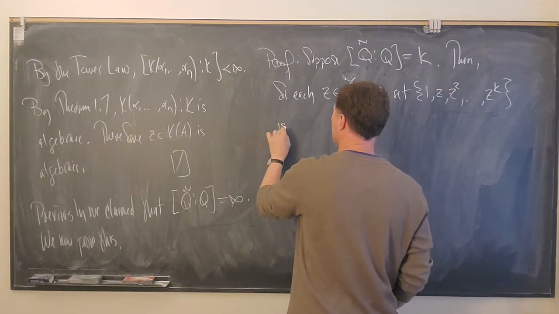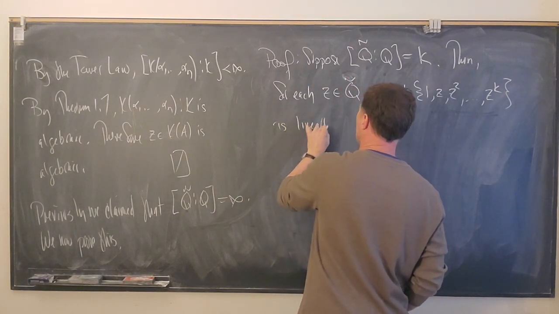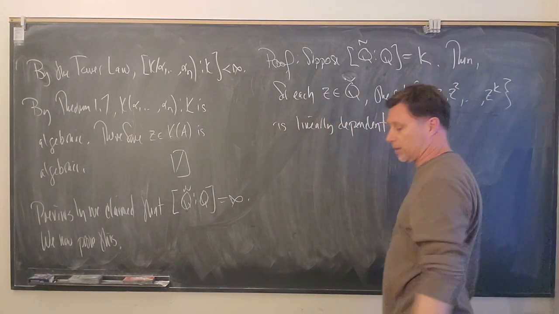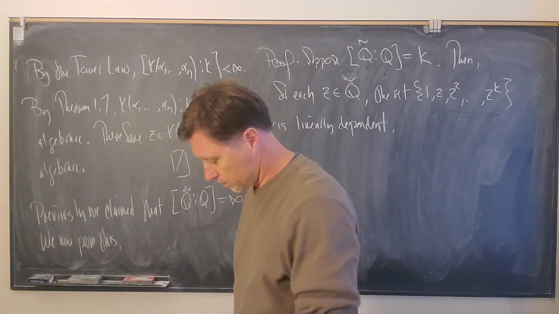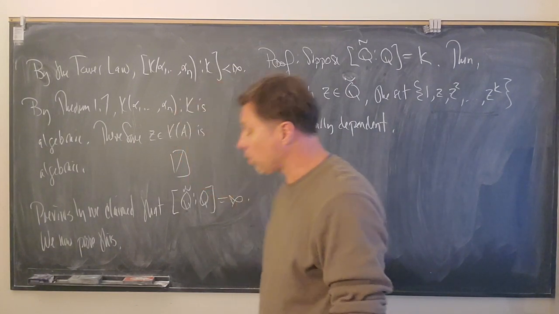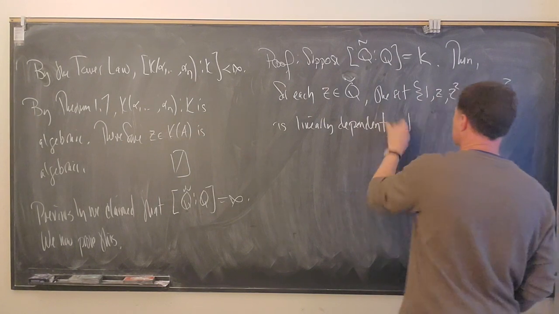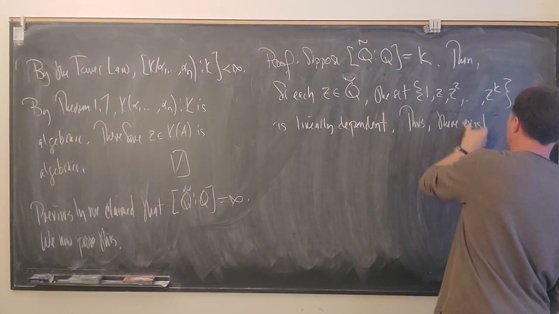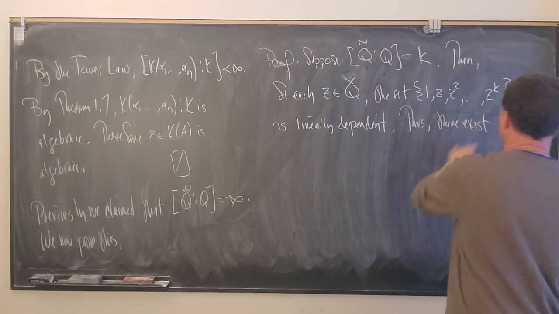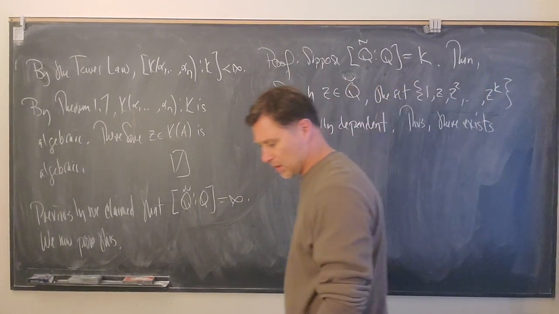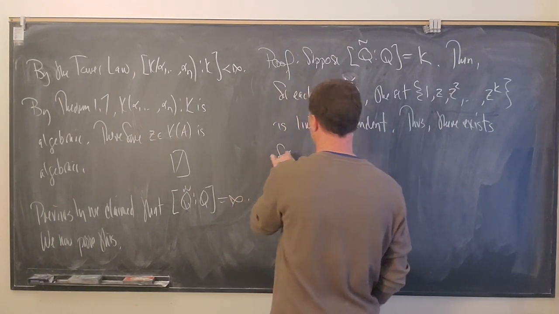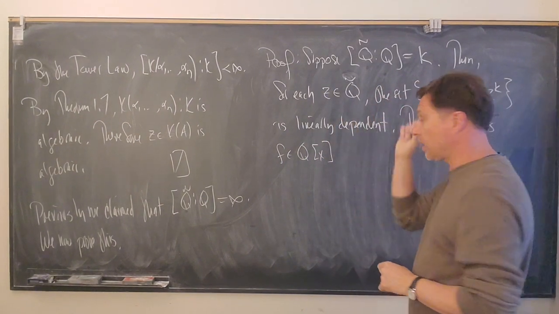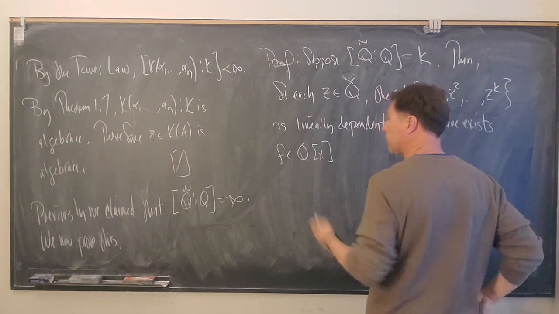So this is linearly dependent. All right, the set's bigger than the dimension. And so thus, there exists some polynomial, just call it f, in Q bracket x with degree less than or equal to k.